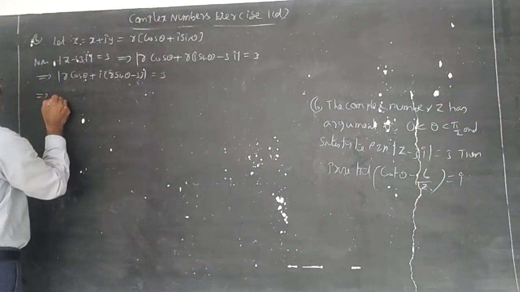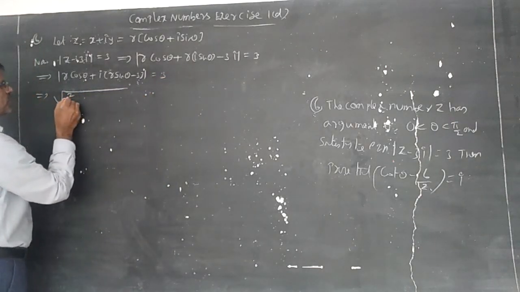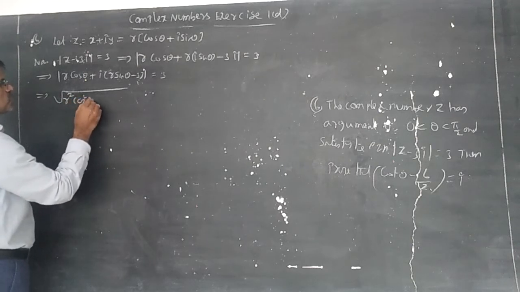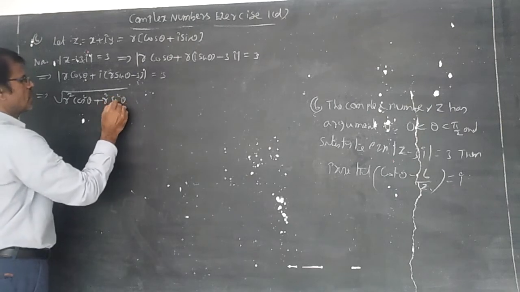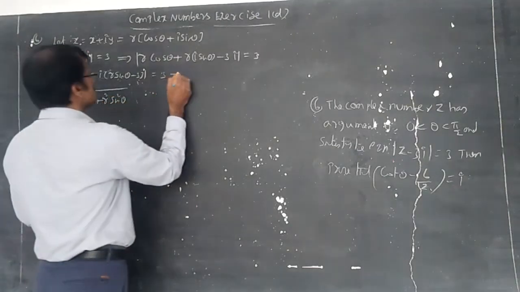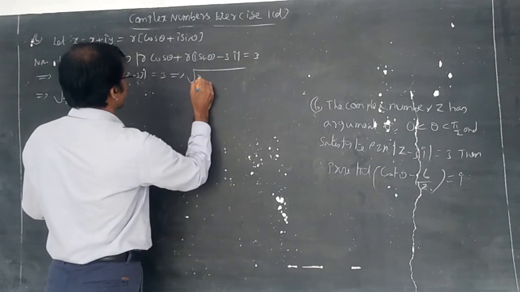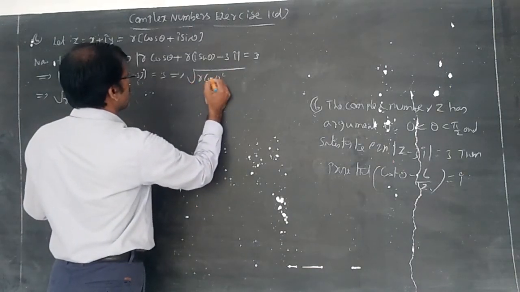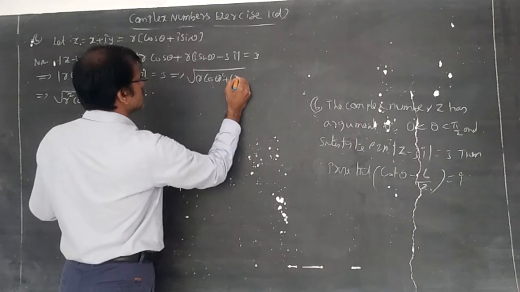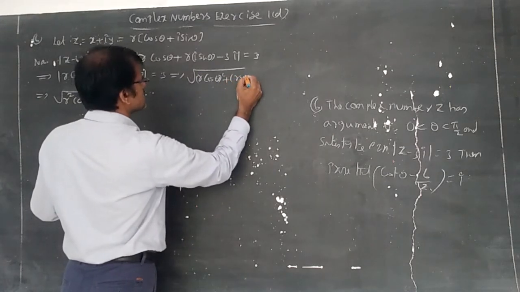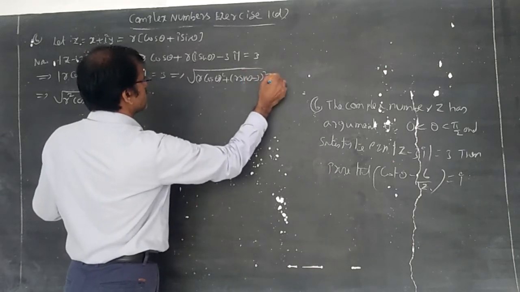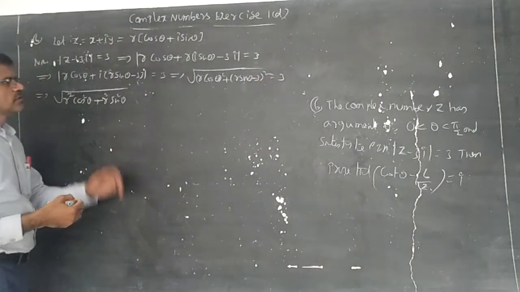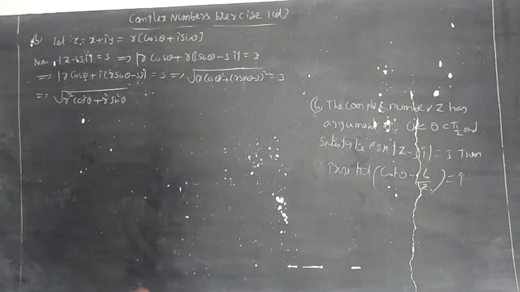So modulus means root of real component square plus imaginary component square. So root of r cos theta whole square plus r sin theta minus 3 whole square is equal to 3. By squaring both sides you can write directly without writing the root.